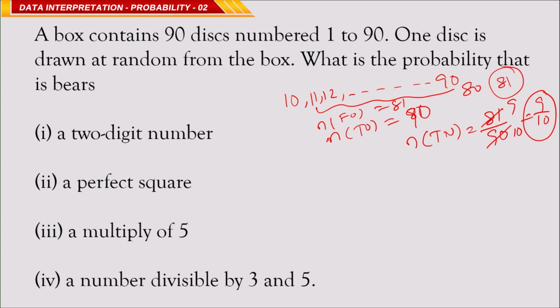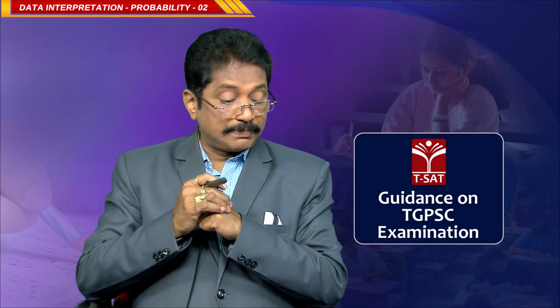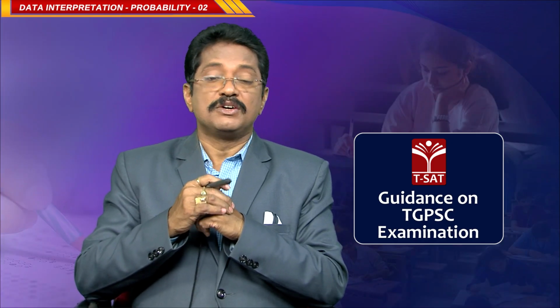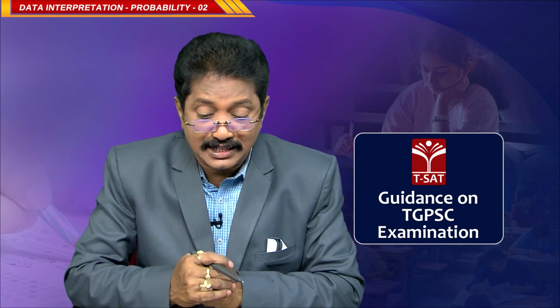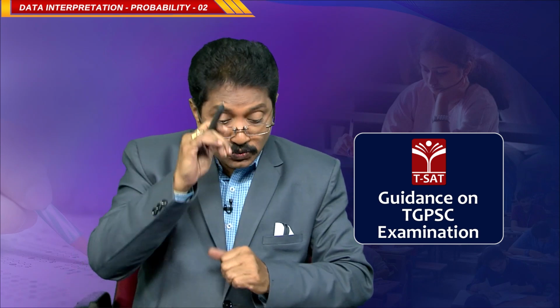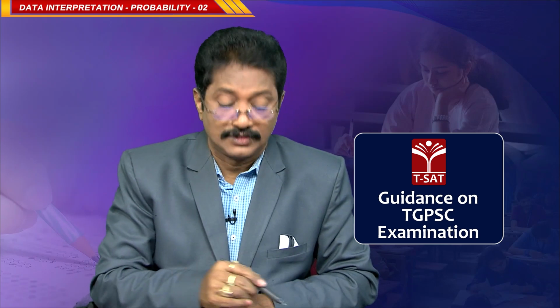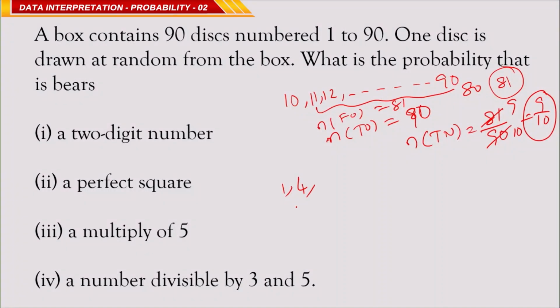Now, coming to the perfect square. When you consider a perfect square, how many perfect squares are here? You have to consider 1 to 90. So, 1 is a perfect square, 4, 9, 16, 25, 36, 49, 64, and 81 are perfect squares, because you have to consider up to 90.